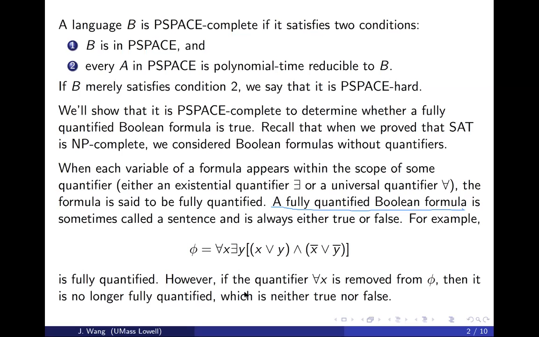For instance, in this case, we have an example of a fully quantified Boolean formula because it has two variables and each variable has a quantifier. Here x has a universal quantifier and y has an existential quantifier.